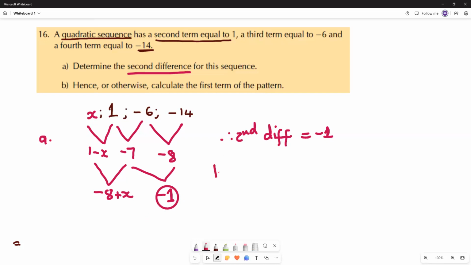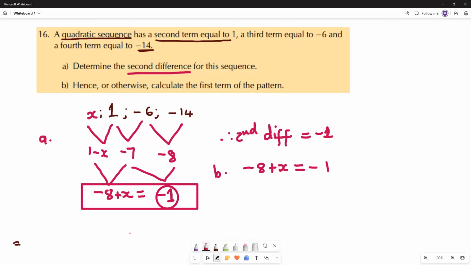Now we can do B. They say hence or otherwise calculate the first term. Remember, the second difference of a quadratic number pattern is constant. So I know that -8 plus x will also be the same as -1, because the second difference is equal for a quadratic sequence.